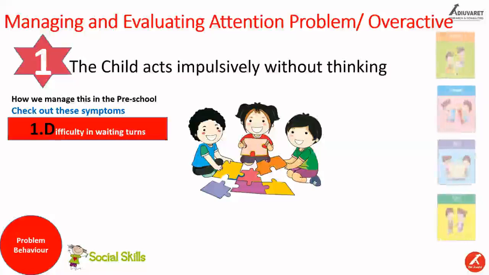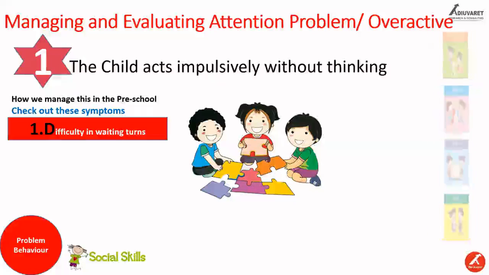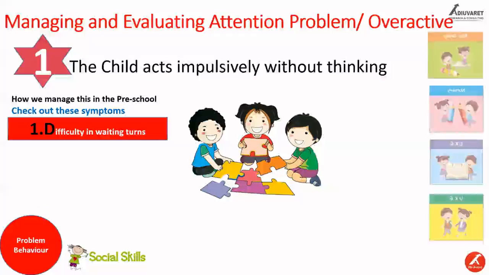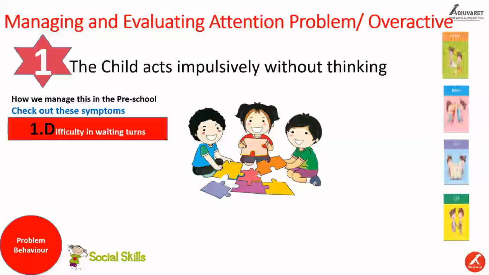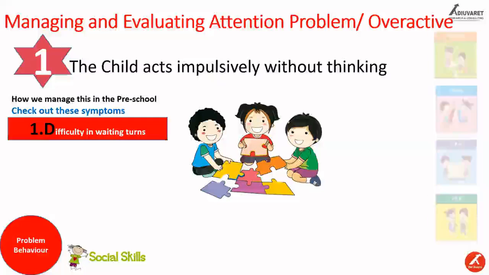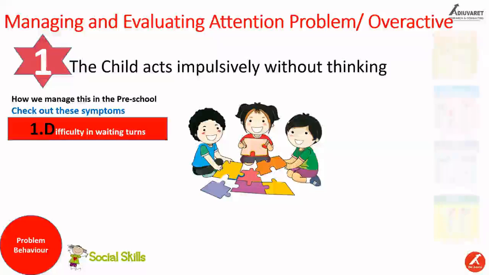If such kind of behavior is present while doing various play or various games in the school, then we have to be careful and immediately take action to reverse this kind of behavior. As we have already discussed, in the age group of 2 to 6 years, it is very easy to change such kind of behavior.